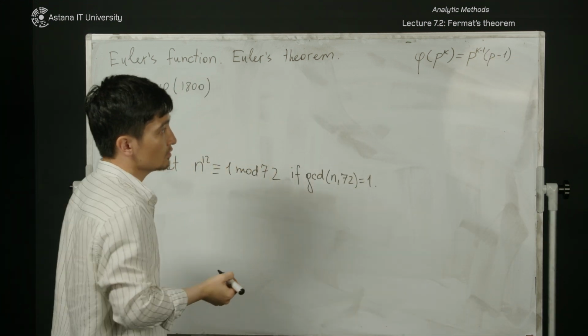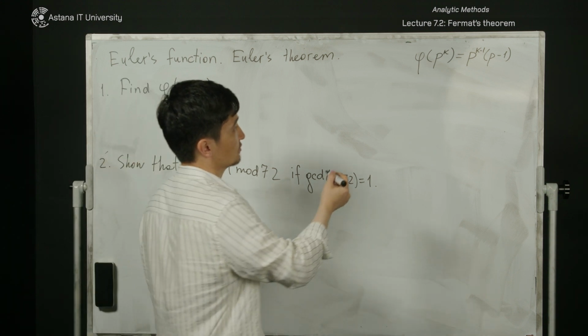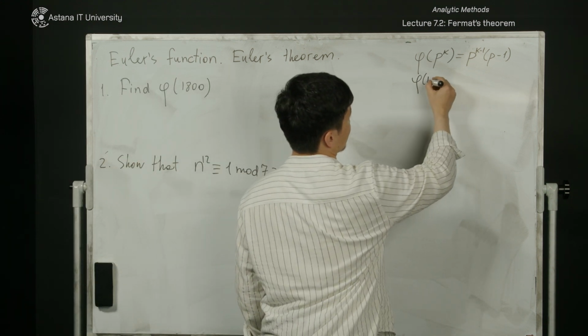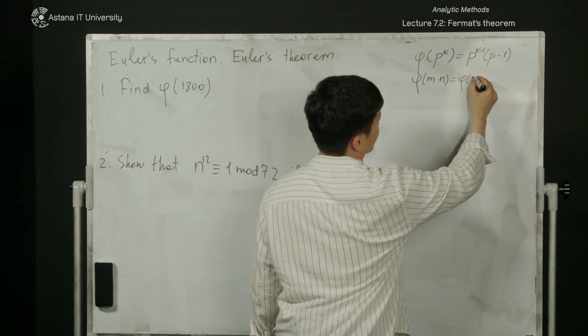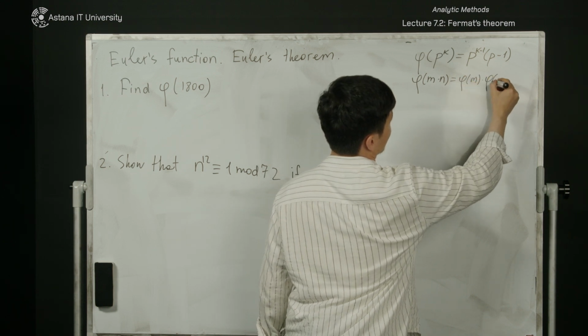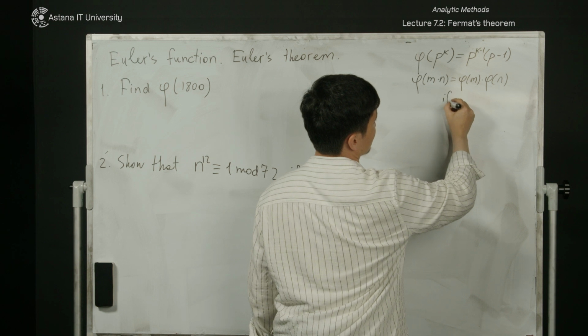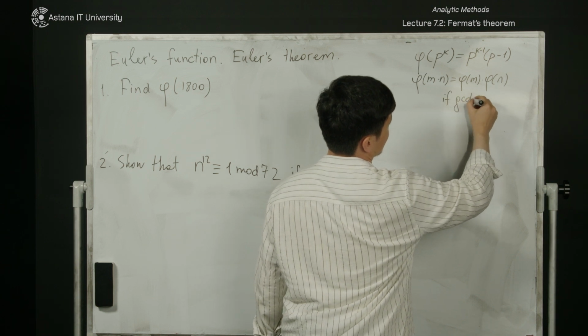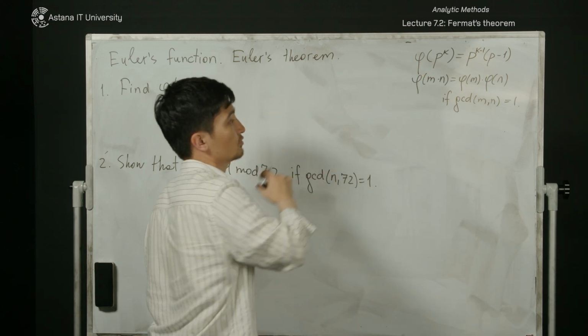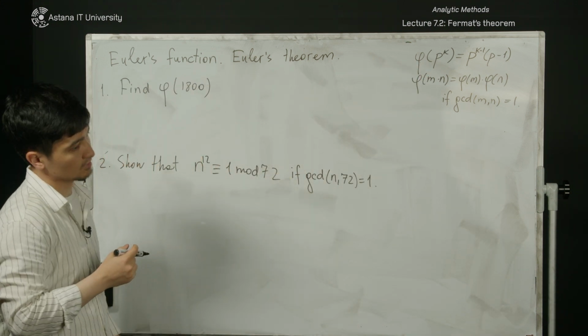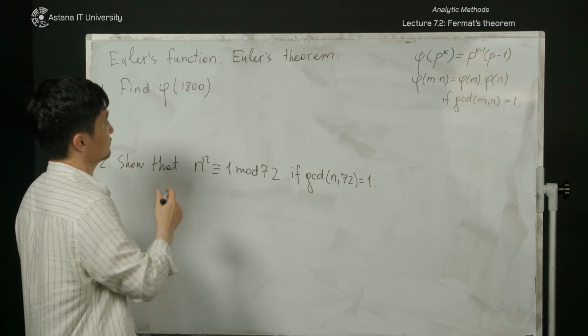Okay? And we also have phi of m times n equal to phi of m times phi of n if GCD of m and n equal to 1. So we can make use of these two theorems for our case to find this value.